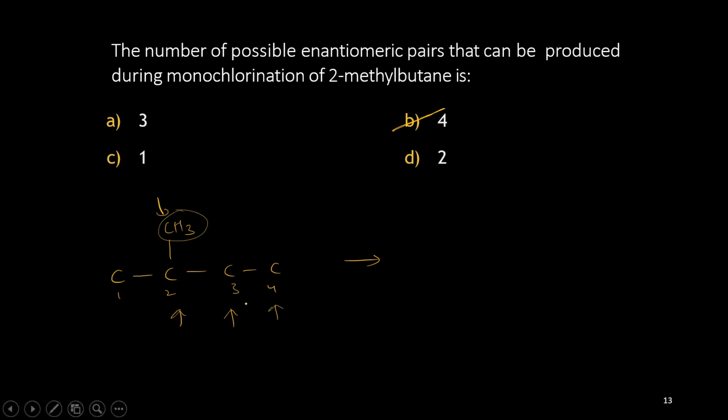So I can attach on my first carbon. Here the first carbon can be this or this, based on how you take the numbering. So for suppose this can be the numbering possibility, in that case, I'll get this as my methyl group. If I take this order, this will be my methyl group. So I can attach on the first carbon, second carbon, third carbon, fourth carbon. So I can get 4 different products.